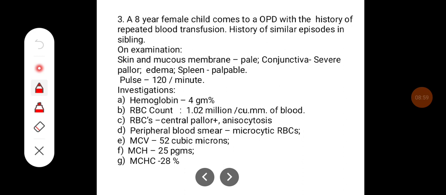Then the third case is an 8-year female child who comes to OPD with a history of repeated blood transfusion and history of similar episodes in the sibling. Okay, so that suggests the presence of some hemolytic disorder, genetic hemolytic disorder. On examination, the skin and mucous membrane is pale, that is, there is anemia.